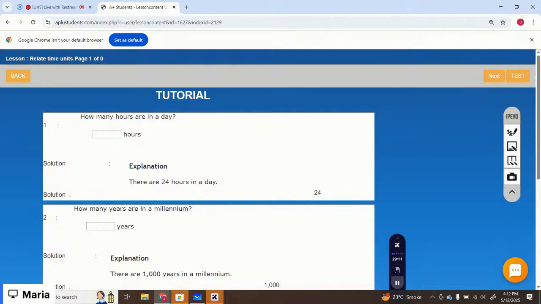How many hours are in a day? So which is the correct option? In one day, there are 24 hours. The correct option is 24.